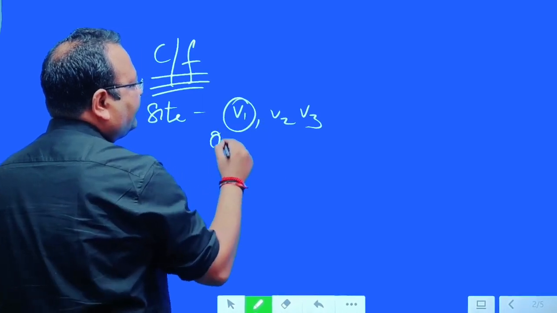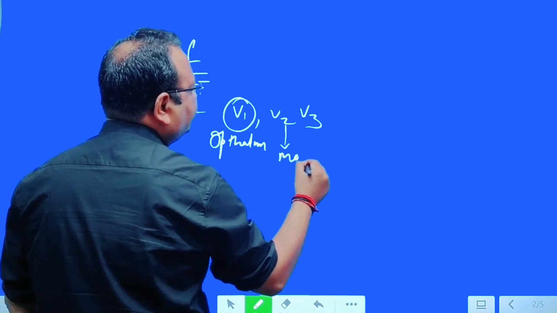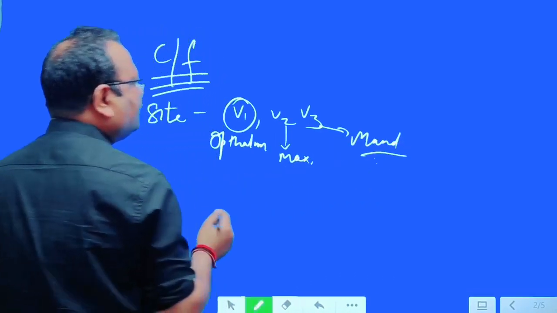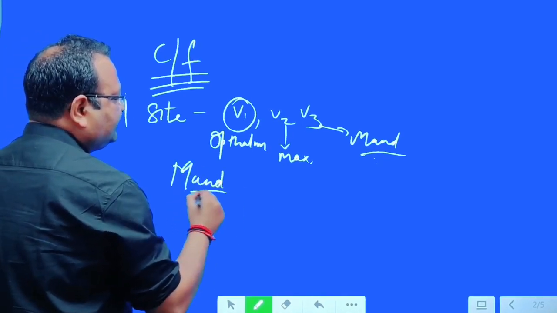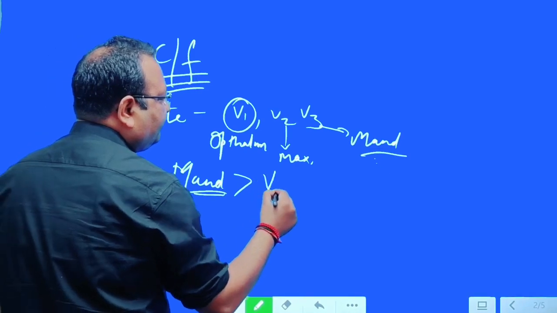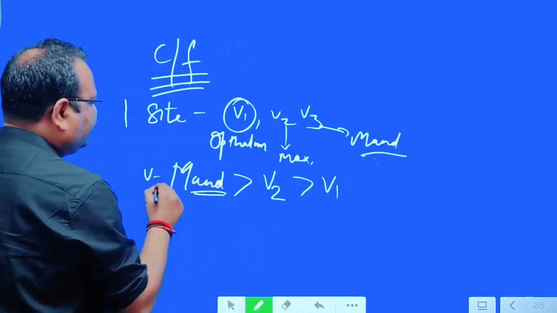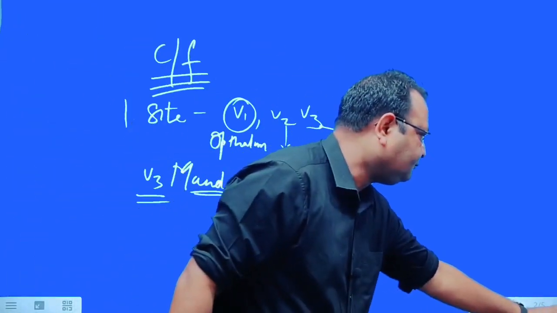V1 is your ophthalmic, V2 is your maxillary division, and V3 is your mandibular division. The most common site is mandibular, more than maxillary. So V3 is more than V2, more than V1.